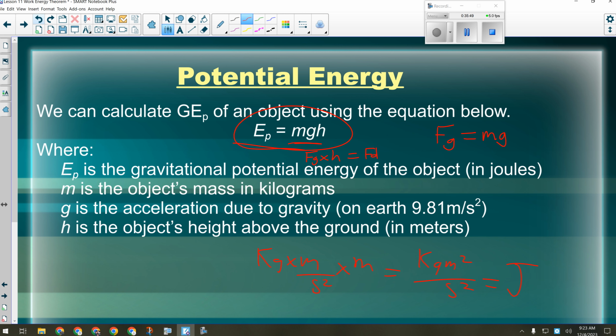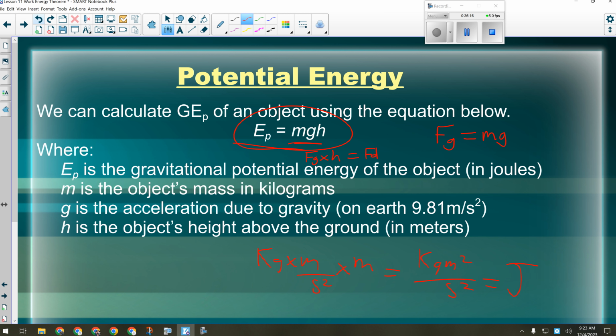Aren't you glad we call it joules? Do you still need to know what a joule is? Yes. I'm quite certain I will never ask you for that, but it's important that you know it, because if you're doing manipulations or solving a problem and you're solving for mass, you need to know you're getting mass in kilograms, acceleration in meters per second squared, and distance in meters.